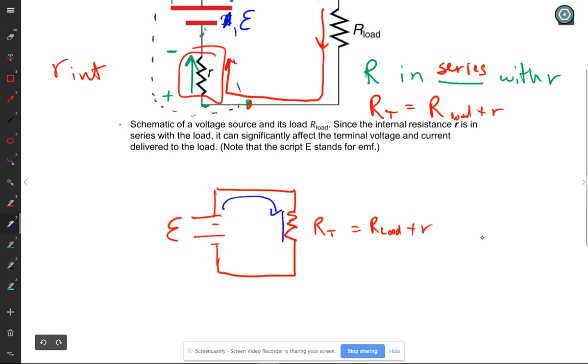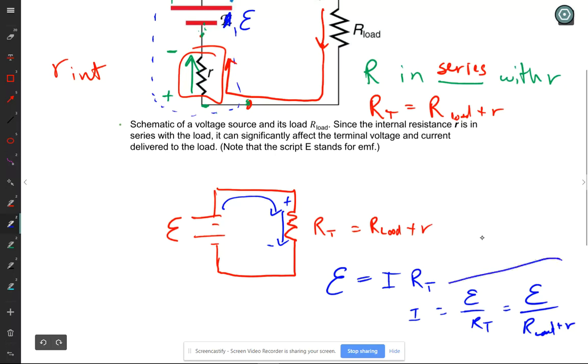And now I can say, well, look, the voltage difference across this is the EMF, because that's the difference in the top and bottom. So using Ohm's law, that's how I calculate the current going through the circuit.